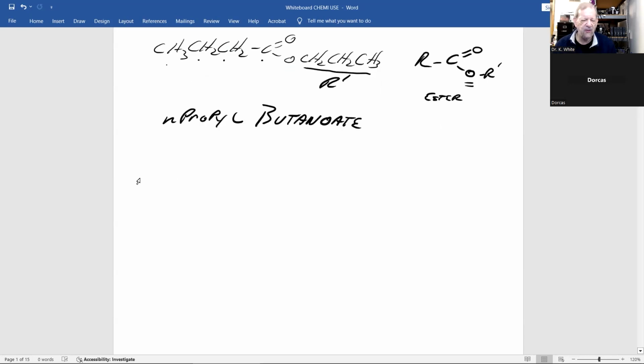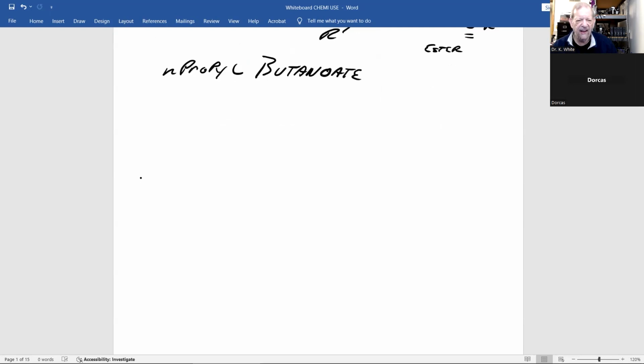Now, where you can't use the student's method and you have to use the IUPAC method is this ester. And notice we have a benzene ring on the carbonyl carbon.